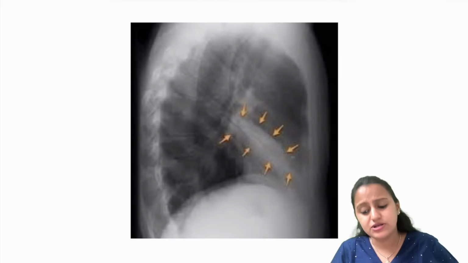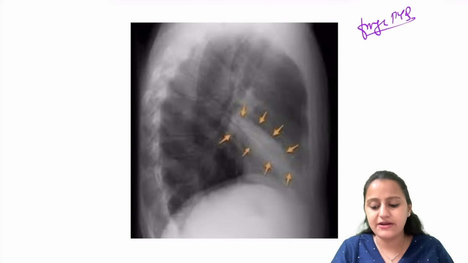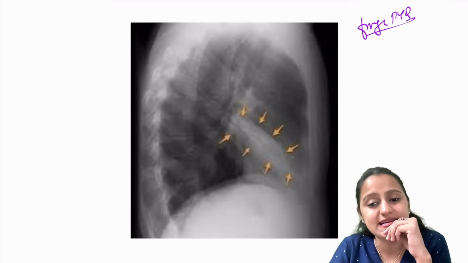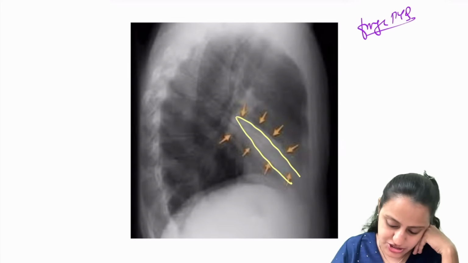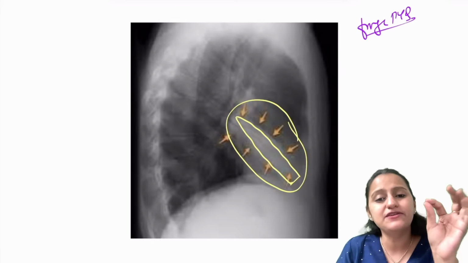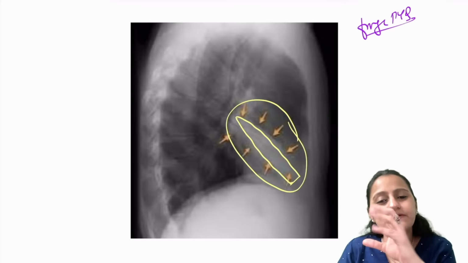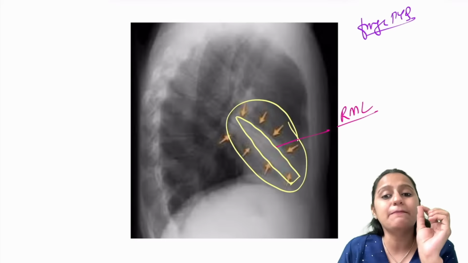What lobar pathology is this? This is FMGE PYQ. On a lateral chest x-ray, you are seeing this opacity, which is like this triangular wedge shape overlying the heart. Classically, when you see on a lateral x-ray this triangular opacity overlying the heart, this is nothing but right middle lobe pathology.